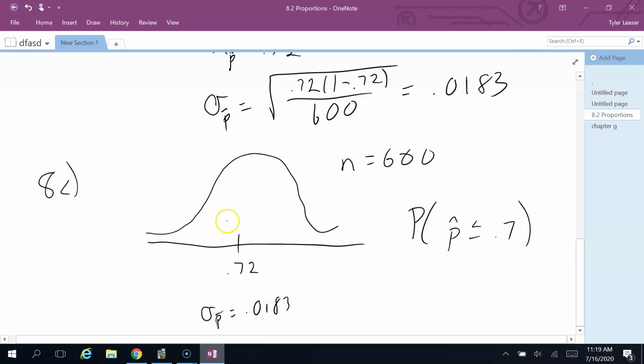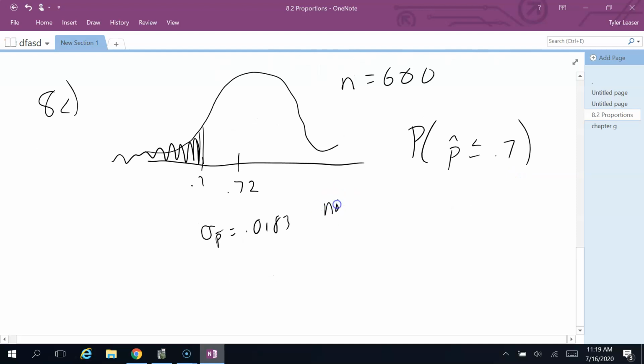Okay, so then we come back over to our distribution. 0.7 is going to be out here to the left of 0.72, and we want to be less than or equal to that, which means we want to find the area to the left. Okay, that's going to be another normal CDF. This time the lower limit goes forever to the left, so we're going to put a negative infinity in there.